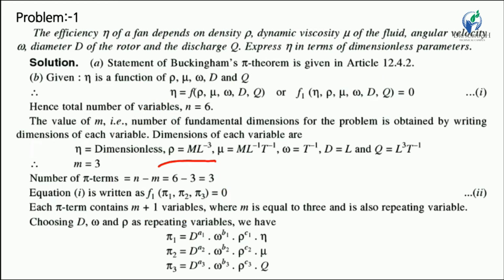Now we find the MLTs of all variables. So density, we know, is ML minus 3. Dynamic viscosity is ML minus 1 T minus 1. The unit is Newton second per meter square. Angular velocity is radian per second.